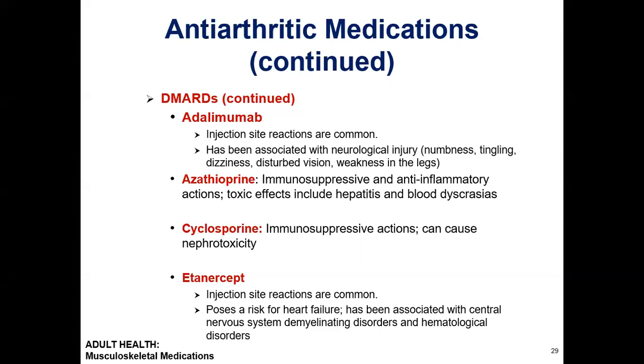Anemia can develop. Cyclosporine saves your life, but has a lot of side effects. It can cause nephrotoxicity, kidney damage. Etanercept, injection site reactions are common, also poses a risk for heart failure, has been associated with central nervous system demyelination disorder, also hematological disorder as well.